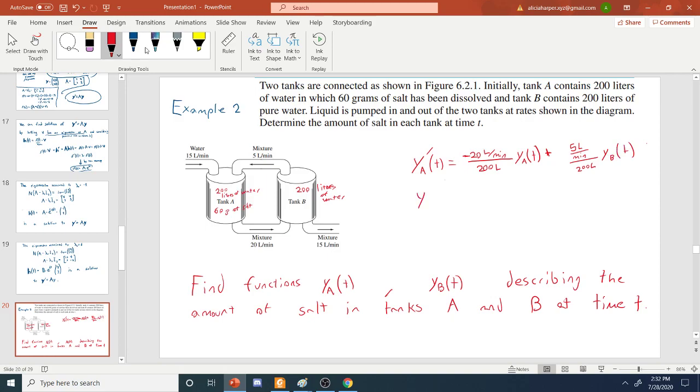And likewise over here we have the rate of change of salt in tank B. Well, we have five liters leaving per minute through here.